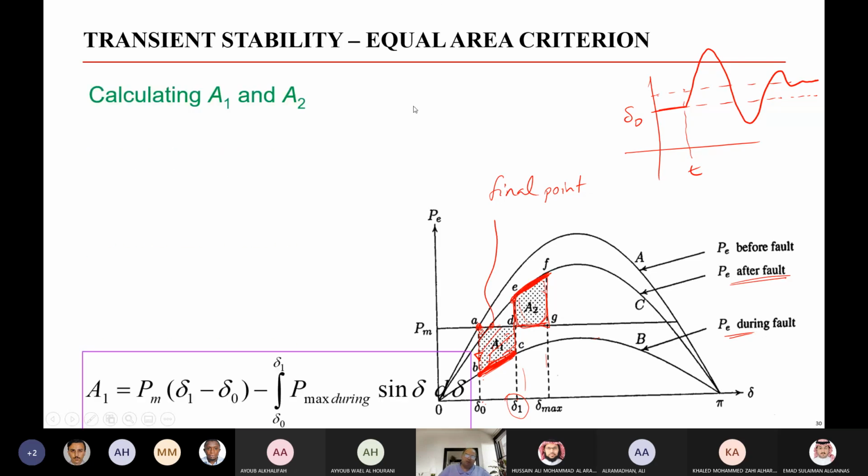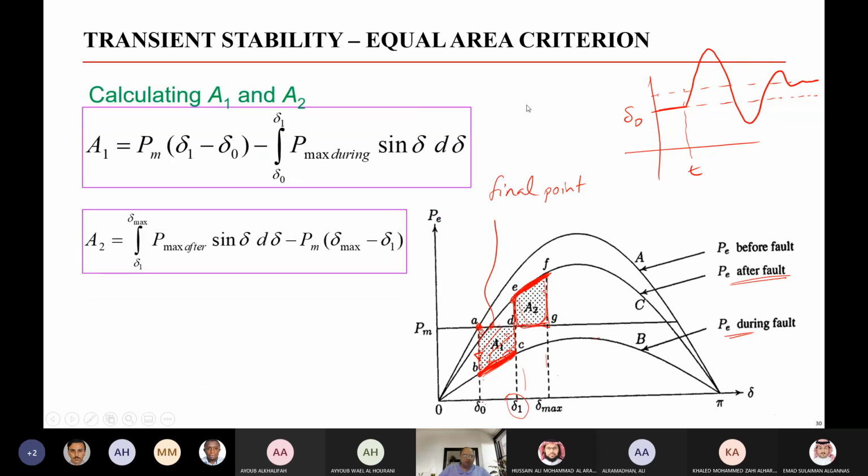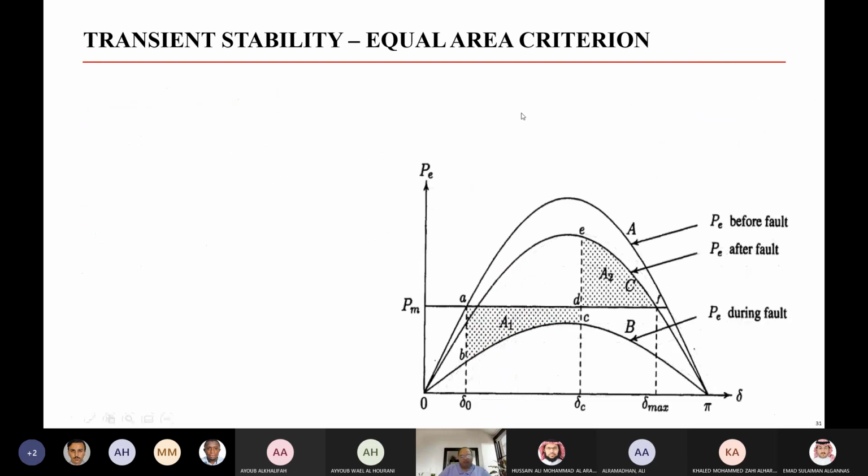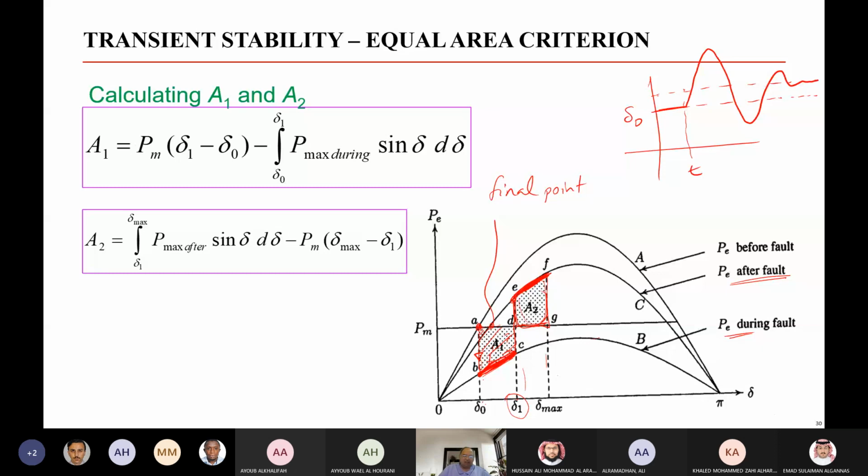So you have the acceleration and the deceleration area. Again, if the fault is cleared here and this angle is known, say after 70 degrees, we can calculate delta max.